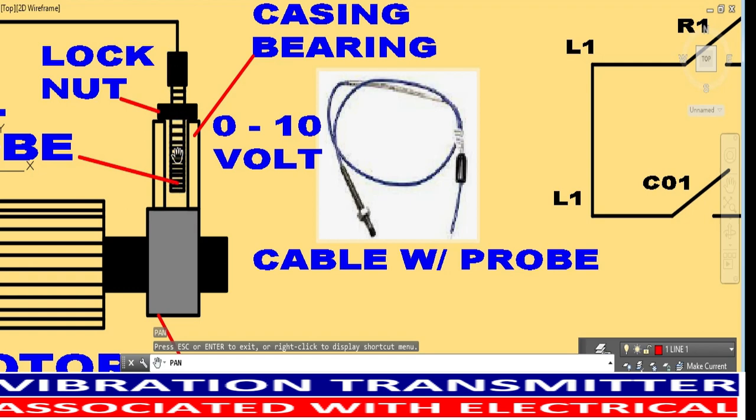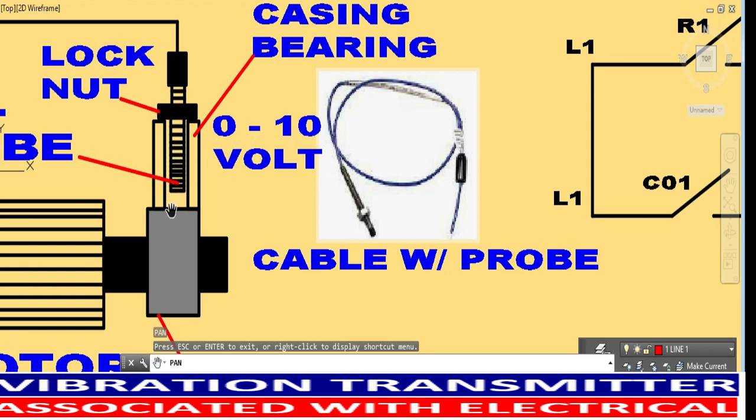Once you push the probe closer to the bearing, the voltage reading is lower. When there is more gap between the surface of the bearing and the bottom of the probe, the voltage reading is higher. The proper adjustment of this vibration probe is 0 to 10 volts.